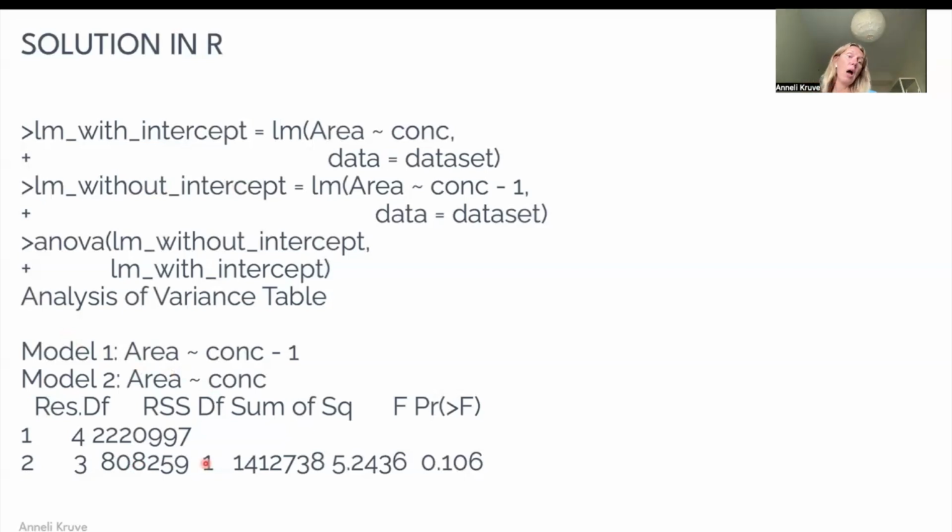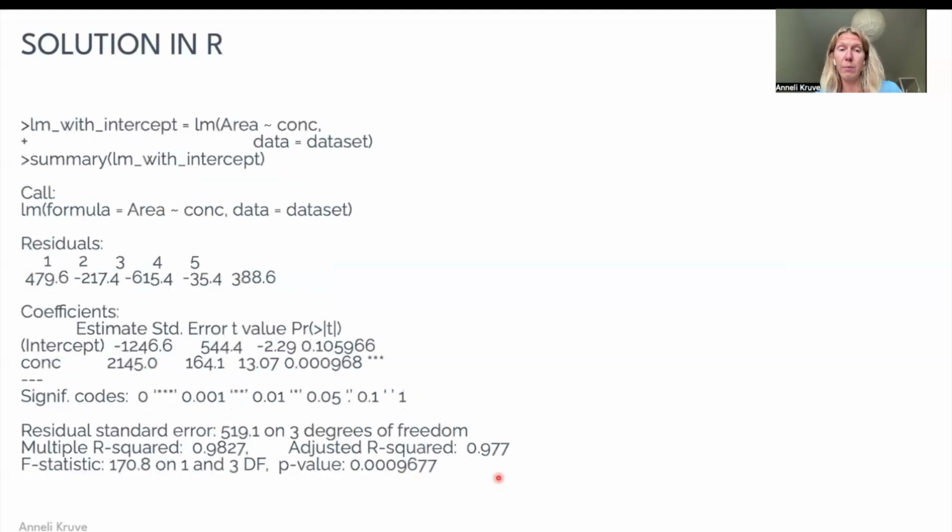And then what we also want to look at here is the probability, which comes from the F distribution. Here we clearly see that this, again, is higher than our significance level. And you might notice that it's also the same probability as what we had before in our lm function table.